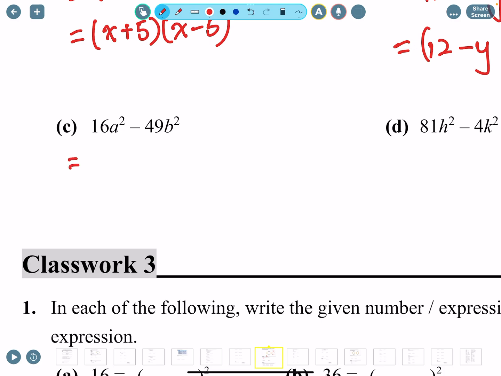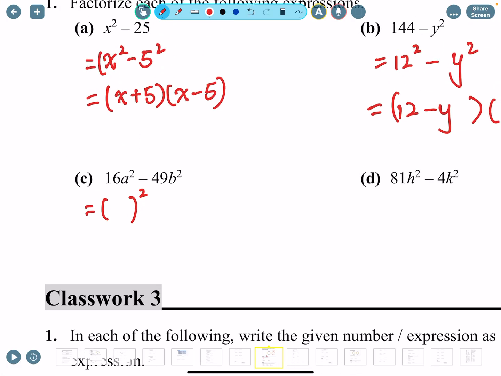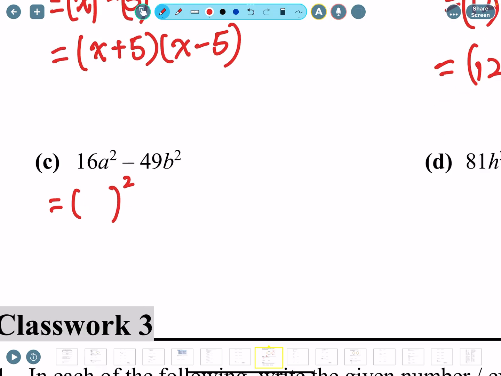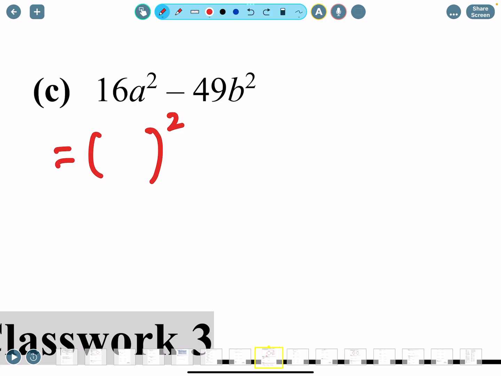All right, over here. When we go from here to the other form, I always tell you guys to add a bracket: (x square) minus 5 square. So we have to do that as well for this one over here. I should actually put a bracket here from the start so that everybody's used to this. If you don't put a bracket, it's going to be wrong. So you're going to have 4a square.